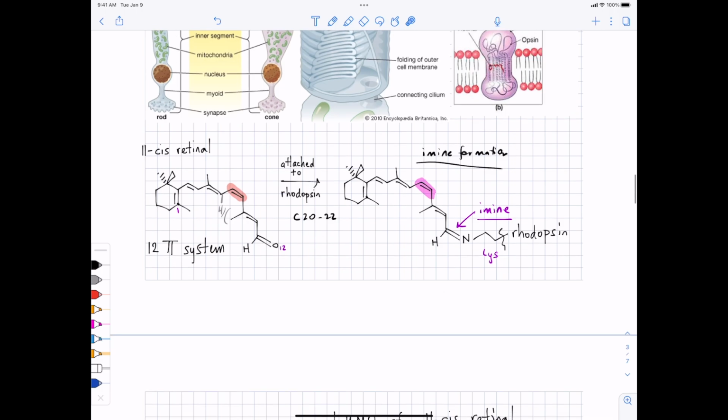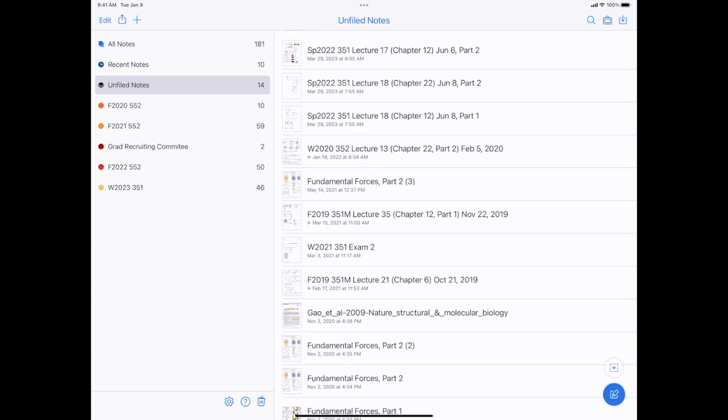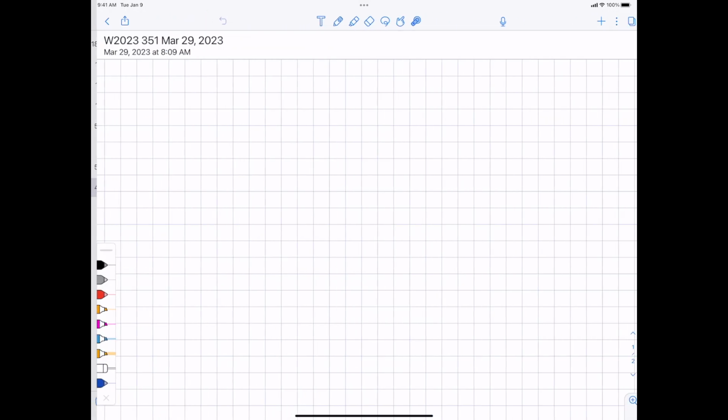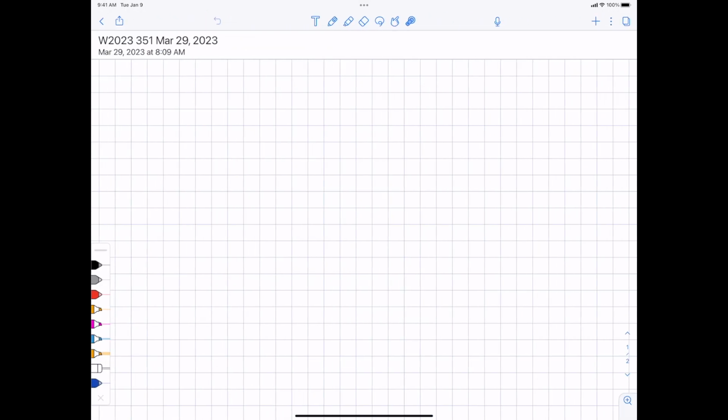So that's vision. Now, there's a lot more we could say about conjugation, but I want to introduce the one reaction from chapter 12 that we're going to deal with. There is another reaction in chapter 12 that you may encounter in your future. We won't worry about it too much.